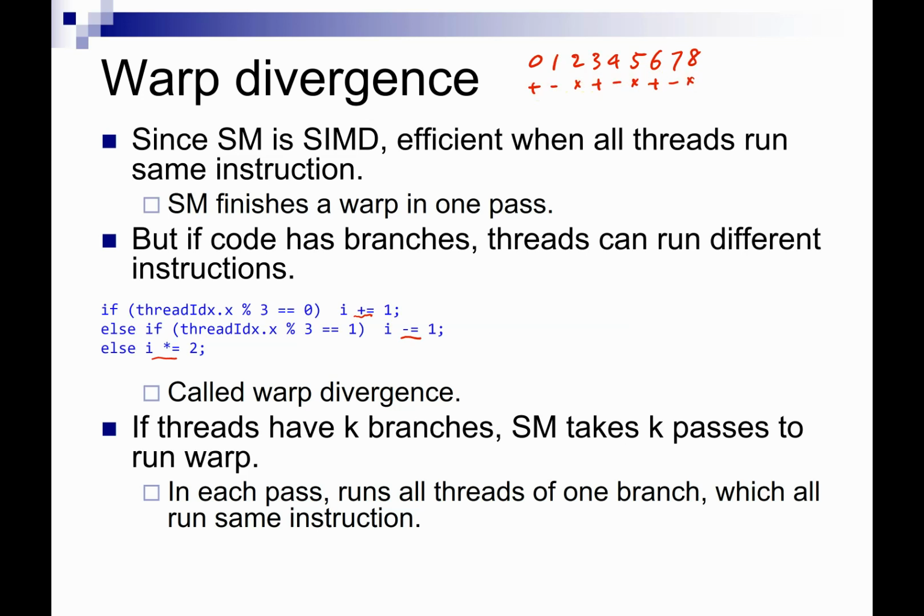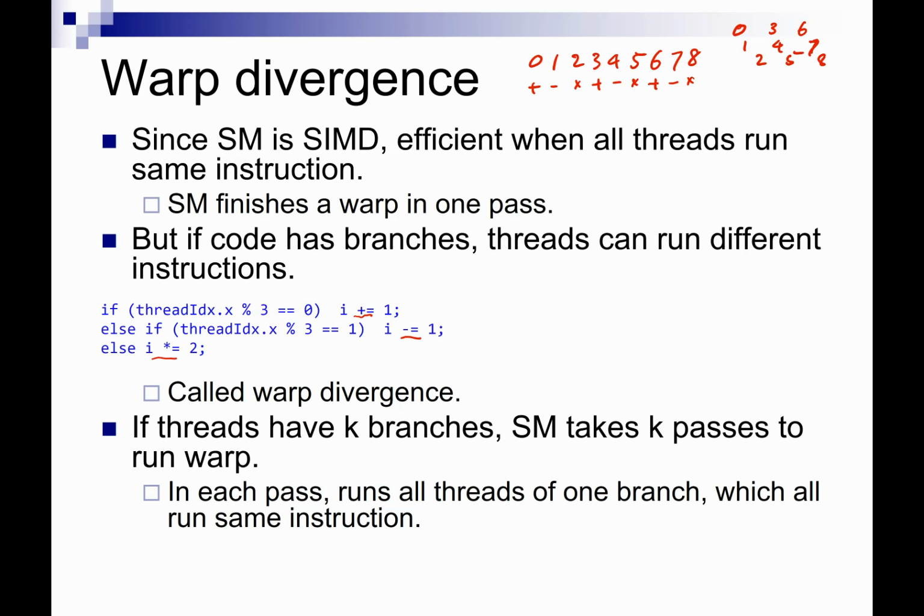In the first pass through this warp, the SM is going to run only the threads doing the addition, so 0, 3, and 6. In the next iteration, it's going to do the ones doing the subtraction, so 1, 4, 7, and then it's going to do the other threads. So it's going to take 3 passes, so it'll be 3 times as slow.